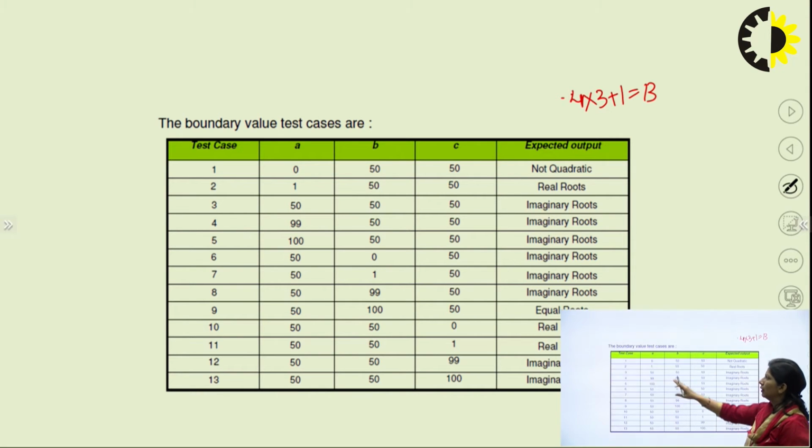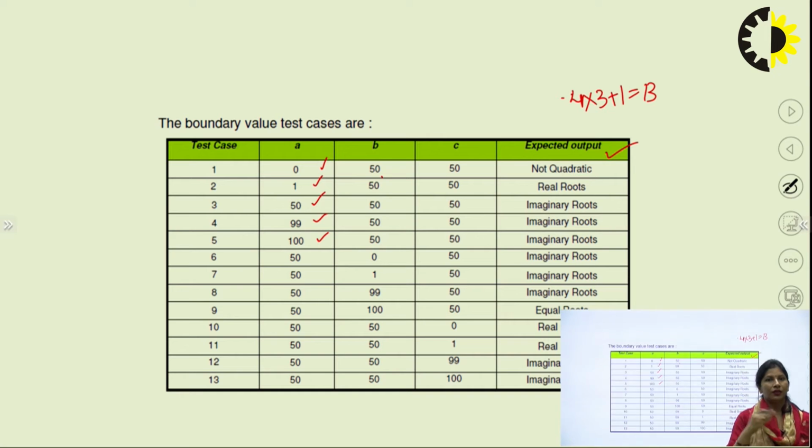Very simple. Now, for the test cases we have designed, we have 3 inputs A, B and C, and this is your expected output. For A, the values are between 1 to 100. We have checked it for 0, less than 0, then 100, then 50, then 99 and 100.